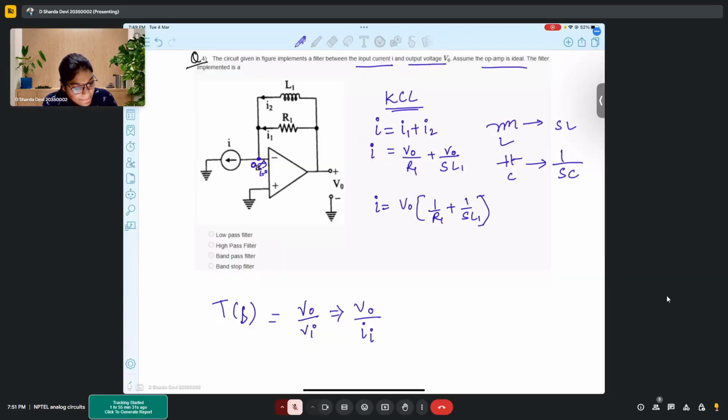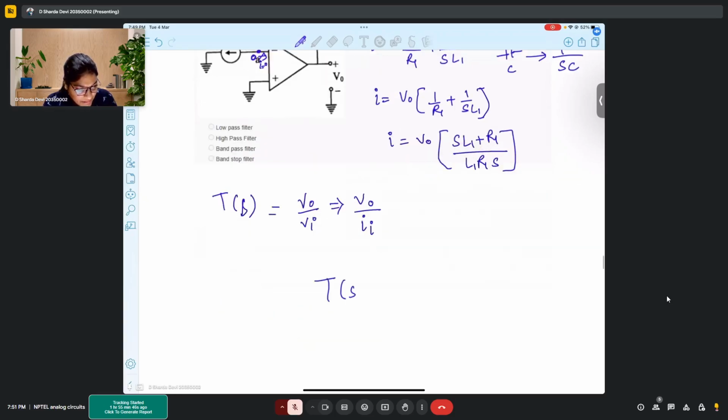So the transfer function actually becomes V0 by I is L1 R1 S upon S L1 plus R1.